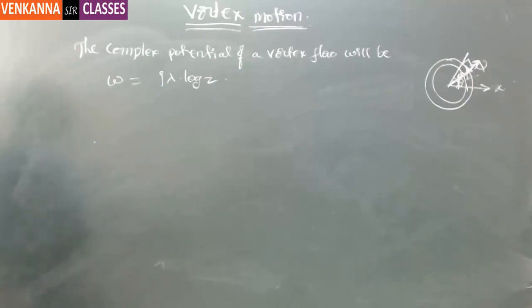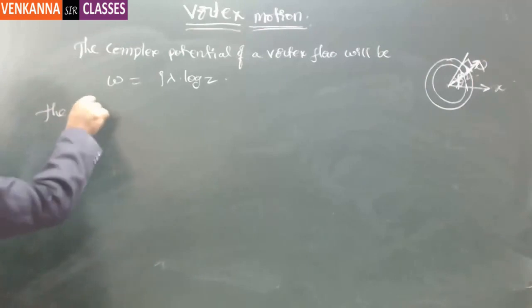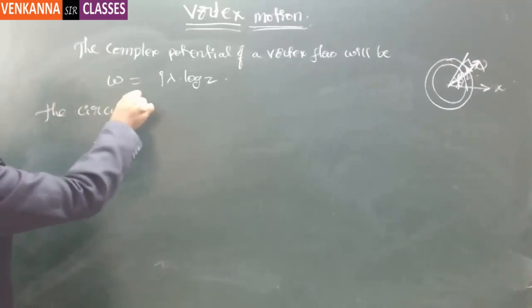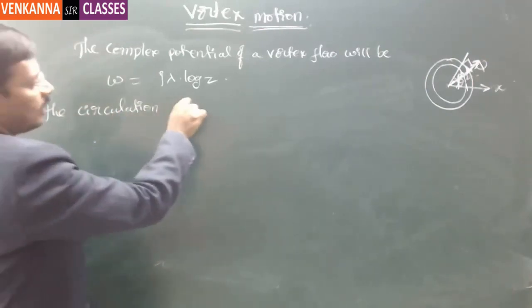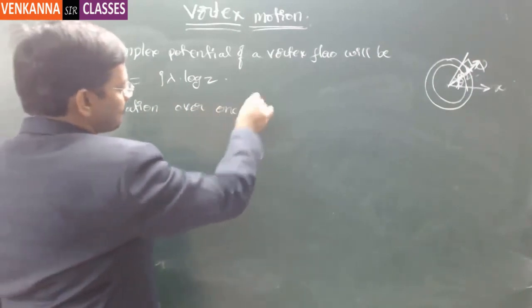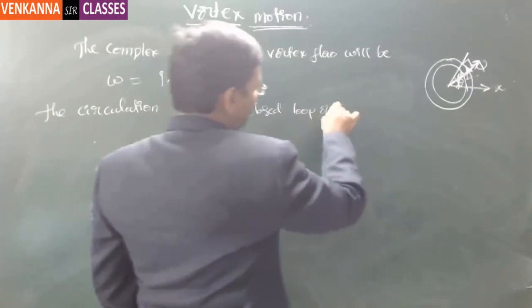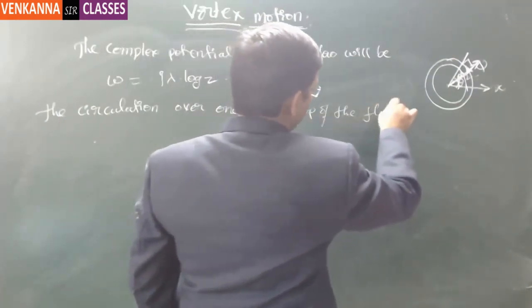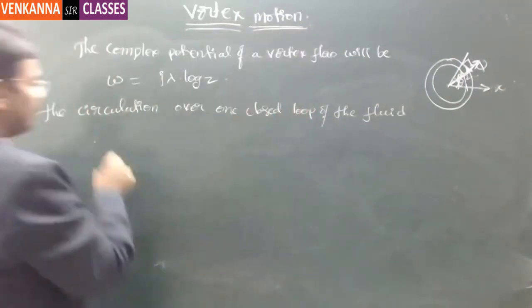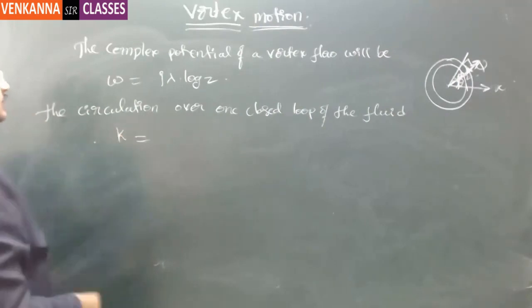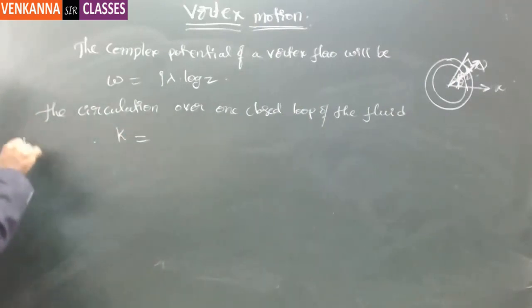Now what is this lambda? So lambda is nothing but a constant, right? So the circulation over one closed loop of the fluid, so circulation is treated as K. So this is also called the strength of the vortex.